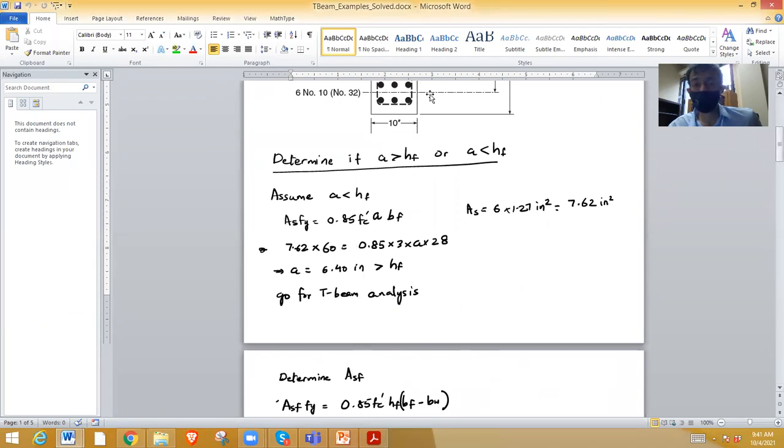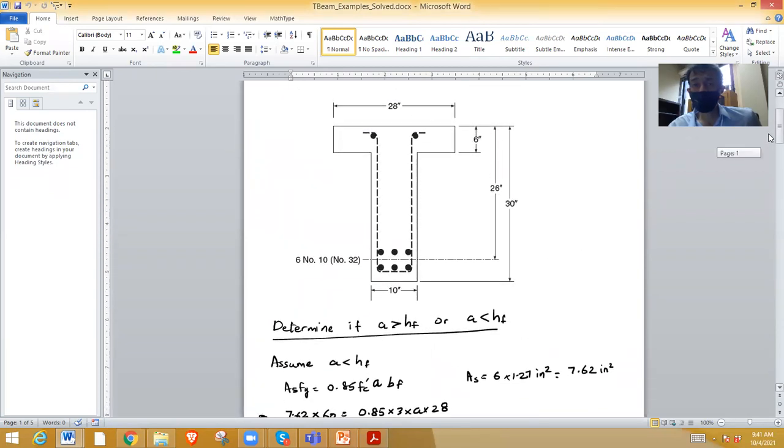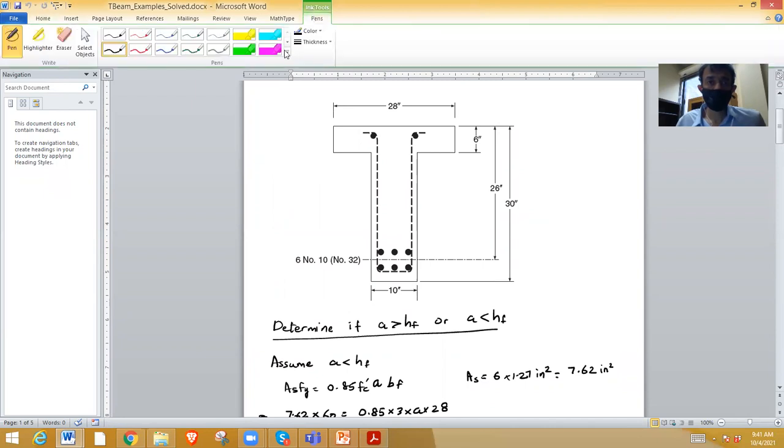Now we need to determine, as I said, we break it up into two parts. So one part is this and this. This is the first compression block.